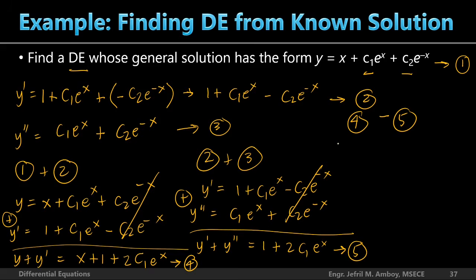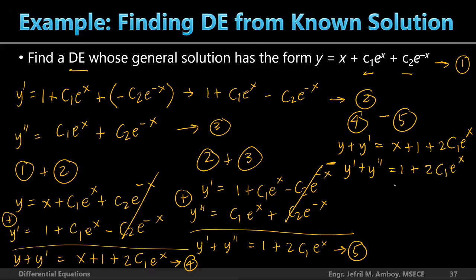So, let's write it. y plus y prime equals x plus 1 plus 2c1 e raised to x. And then, for equation 5, we will subtract. Equation 5: y prime plus y double prime equals 1 plus 2c1 e raised to x. Okay, so let us subtract term by term.